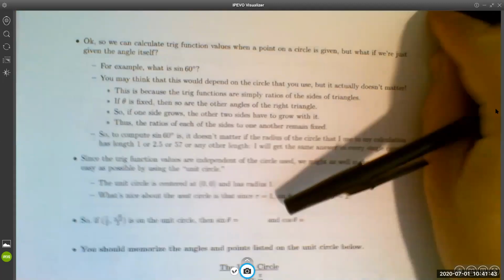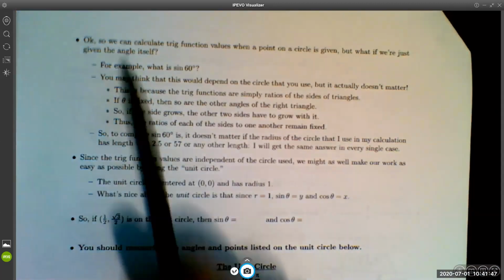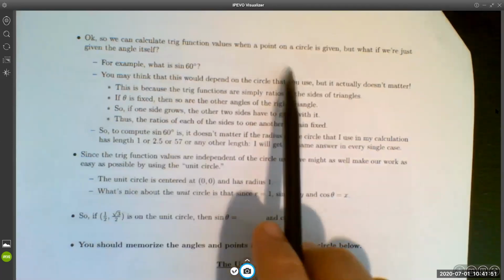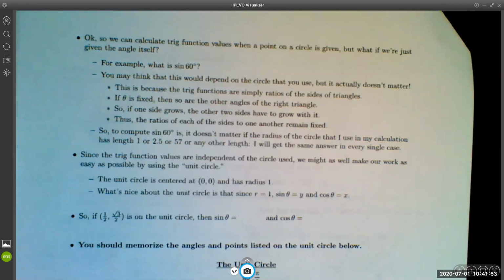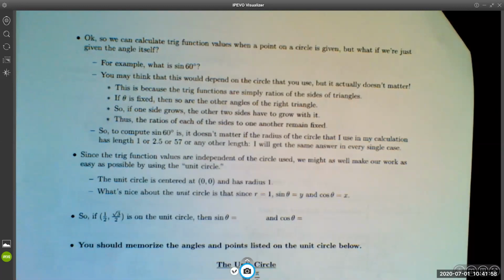One more thing that I want to say about trig functions is that we can calculate trig functions when a point on a circle is given, but what if we're just given the angle itself? Like how do you calculate sine of 60 degrees, just off the top of your head? Well, the answer is you can't really.